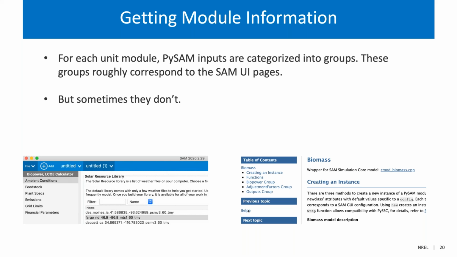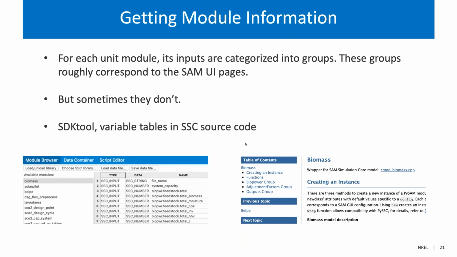It's really helpful to open the help menu that is in each of the pages on the GUI that helps explain what all of the variables do. That inputs browser that Paul mentioned is also very helpful. And other ways of accessing these unit module inputs and outputs is through the SDK tool.